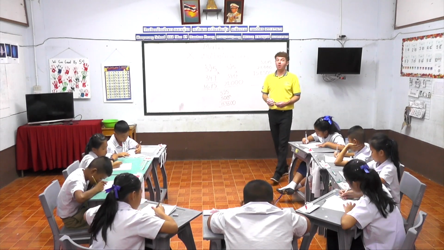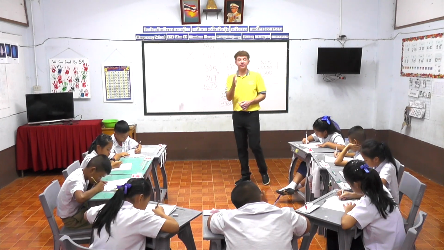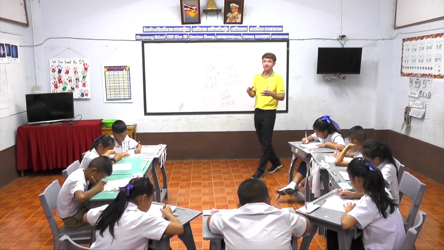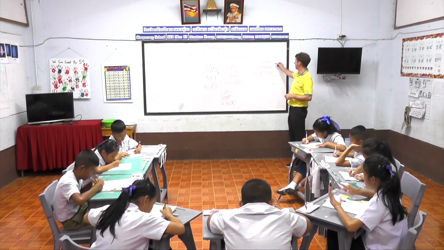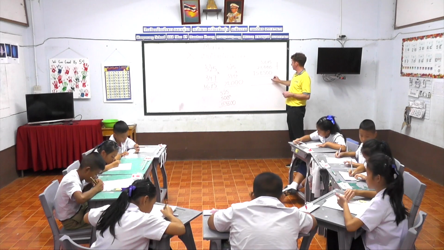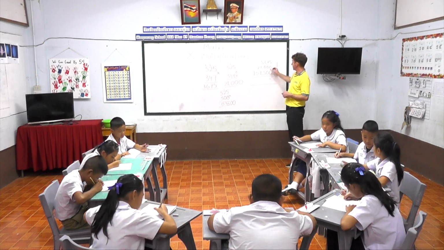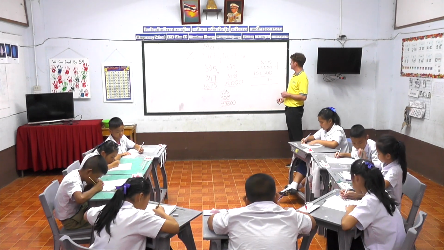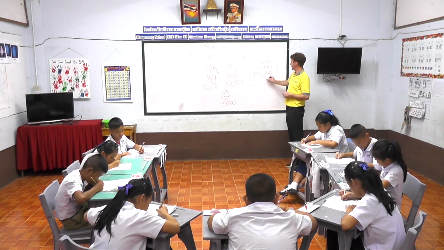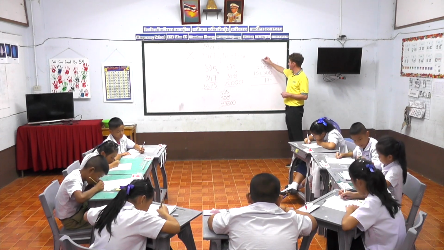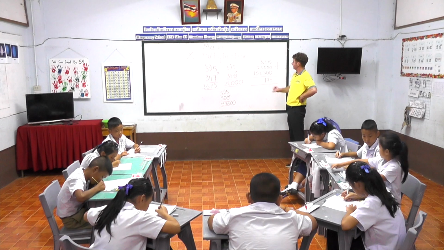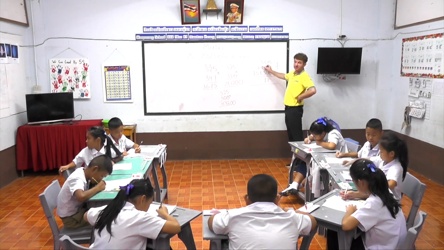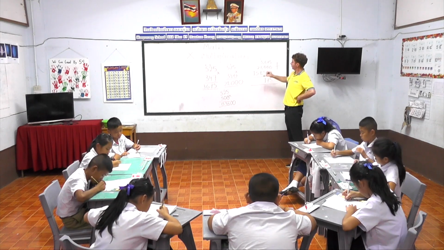So once we've got our 3 answers to the ones, tens, and hundreds, we can add them together. 5 plus 0 plus 0, 5. 7 plus 0, 0, 7. 6 plus 5 equals 11. So write the 1, carry the 1. 7 plus 1 is 8. Plus 3, 11.